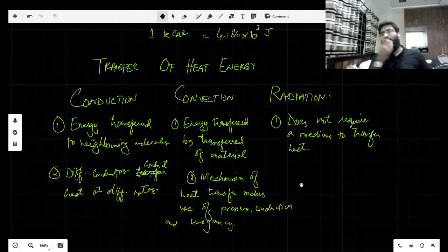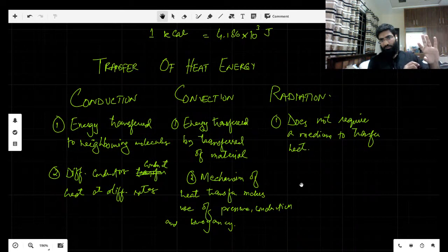If you imagine that in between the sun and the earth there is space, and space is literally space. Do you know what is space? Space is where there is nothing in it, no matter, no air, no gas, nothing. Sometimes when we imagine space, we might think there is air up there. There's not even air. There is no matter over there.